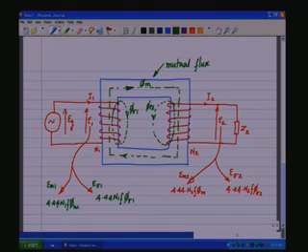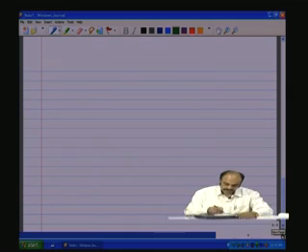So, what we can do, this flux here, which is phi 1, which is containing both the mutual and the leakage, can be split into two windings, one which links with the secondary, that would be the ideal transformer, the other which does not link with the secondary, but still there is a flux. So, we shall reconstruct it in this manner.